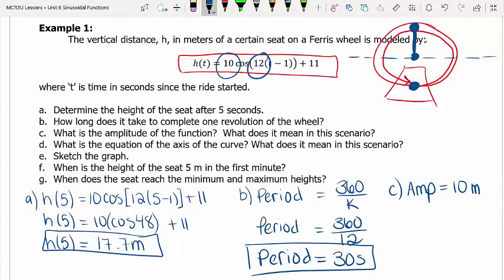So there's your amplitude. So what does that mean in terms of the Ferris wheel? Well, we could say that the amplitude is equal to the radius of the Ferris wheel.